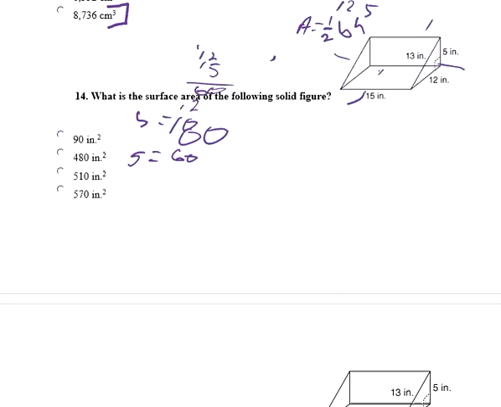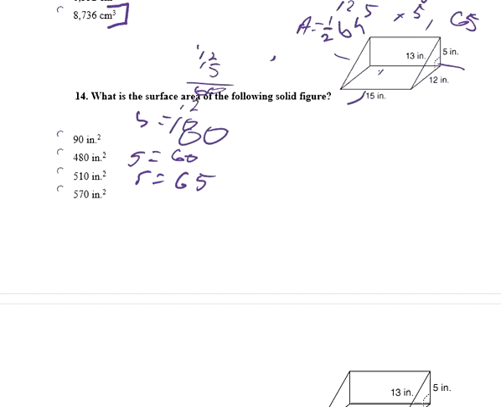So now I need to get the back. The back is 13 by 5. So 13 times 5, and that's going to be 5, carry a 1, 5, 65. So the back, I'll put R for rear, because we already got a B up there, is 65.